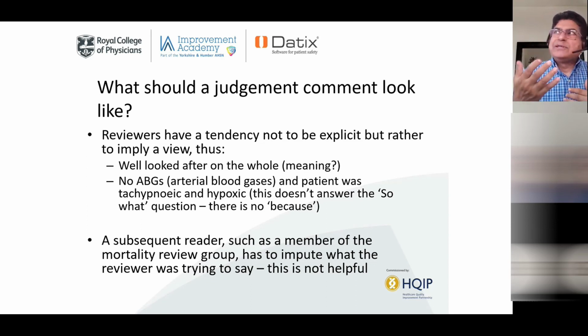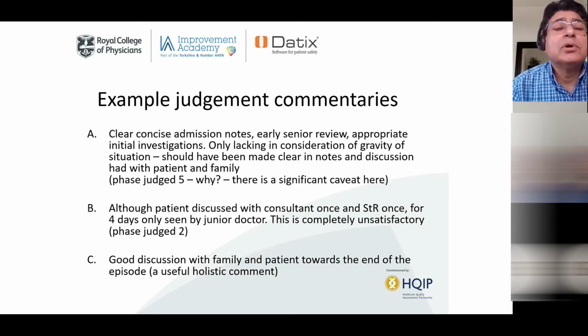The people who are listening may not understand what I want to tell them. So it's better to tell them explicitly that this is the reason why I'm putting this score. For example, if I have put score 2, explicitly mention that this is the reason I'm putting this score. These few examples are to help understand what is actually mentioned.